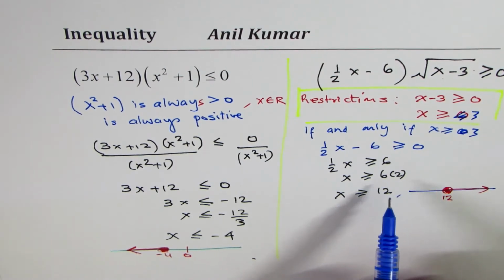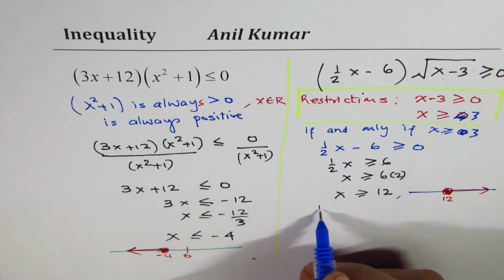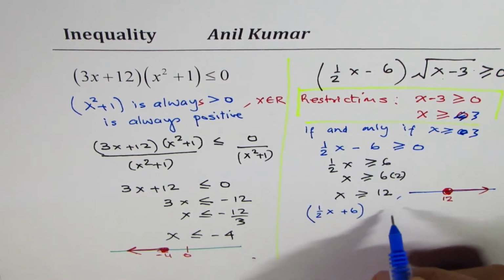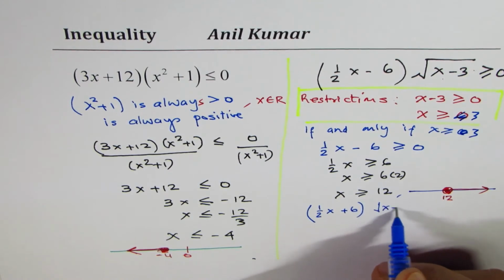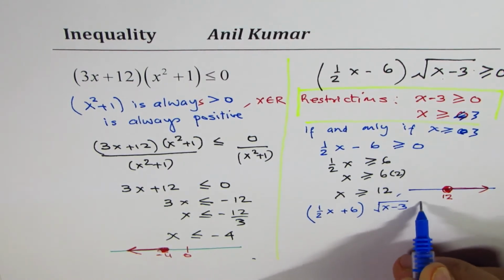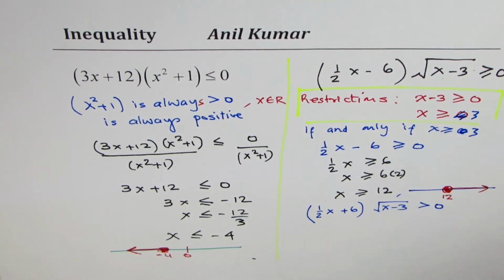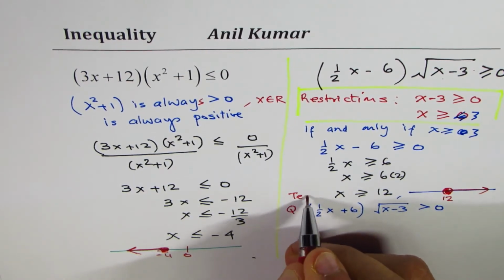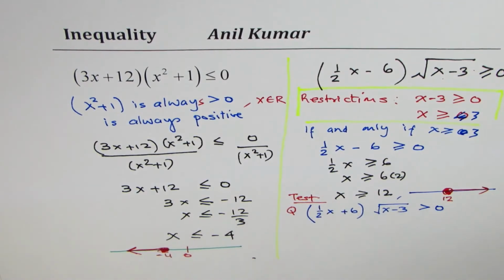So if I change this to (1/2 x + 6) times the square root of (x - 3) greater than 0, then you have to solve the question, right? So this is the question for you. That is a test question. You can now pause the video, answer the question, and then look into my suggestions.